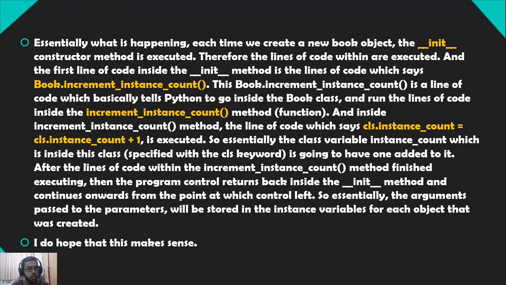After the lines of code within the incrementInstanceCount method finished executing, then the program control returns back inside the init method and continues onwards from the point at which control left. So essentially, the arguments passed to the parameters will be stored in the instance variables for each object that was created. I do hope that this makes sense.